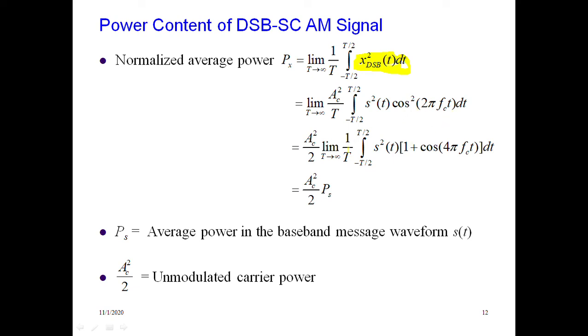When we substitute and do the derivation, we will have this power measured by AC squared divided by 2 multiplied with the power of the message signal. So it depends what kind of signal we are transmitting. PS is the average power in the ST, and AC squared divided by 2 is the carrier power.